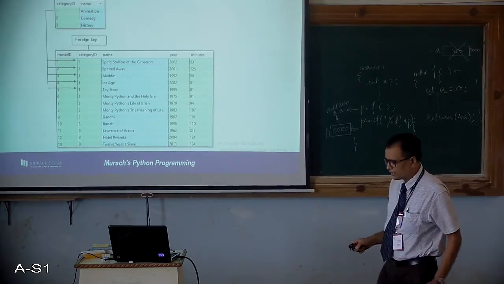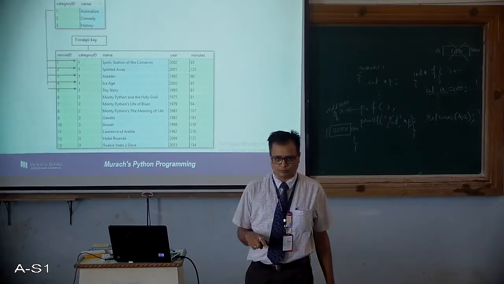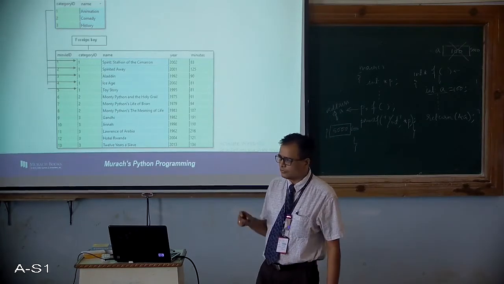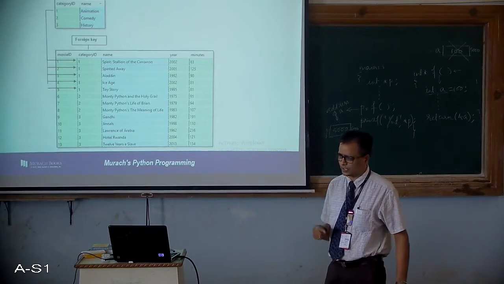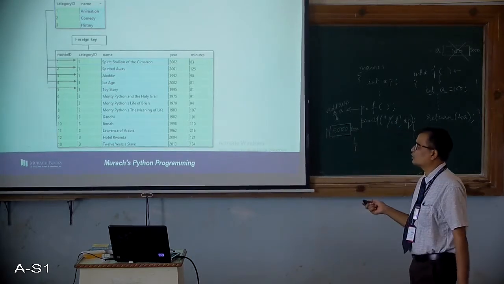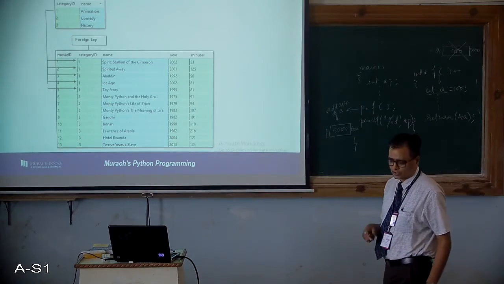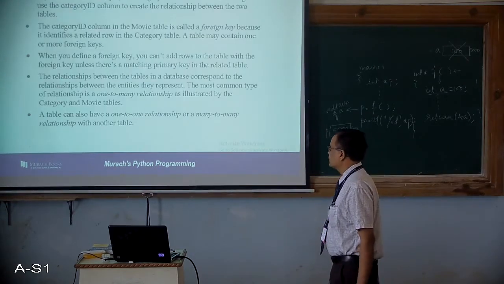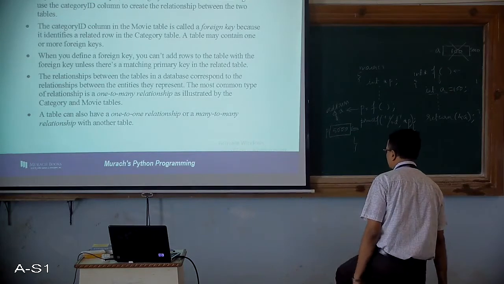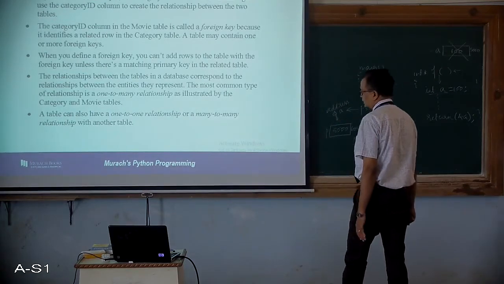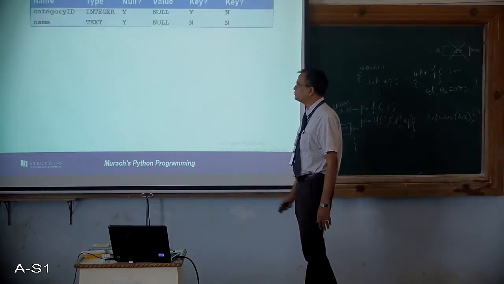You might have many-to-many relationships also. Many-to-many, many-to-one, one-to-many, there are many relationships. This is the most common relationship wherein one record in one table is referring to multiple records in another table. A table can also have one-to-one or many-to-many relationships with other tables.